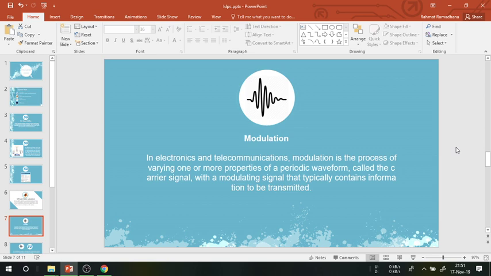I want to give some examples of modulation: AM, amplitude modulation; FM, frequency modulation; and digital modulation like amplitude shift keying, frequency shift keying, binary phase shift keying, quadrature phase shift keying, quadrature amplitude modulation, and more.